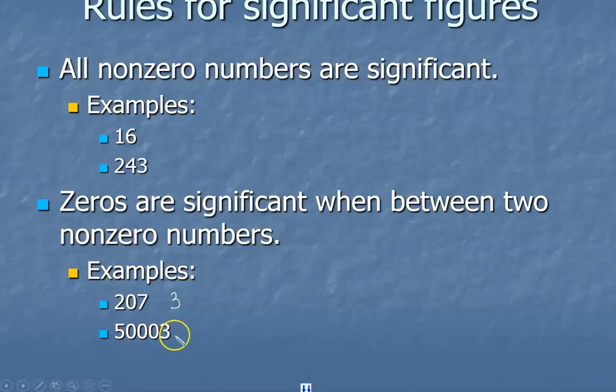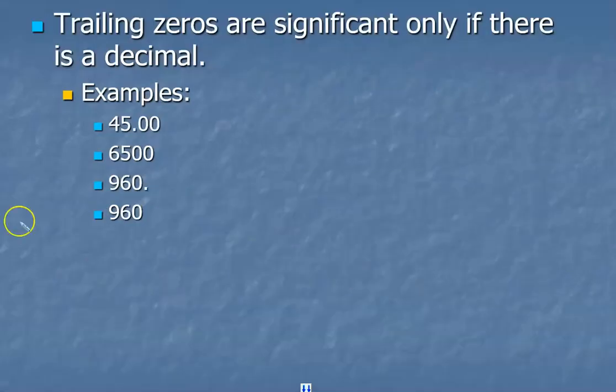These zeros here between the 5 and the 3, they're all going to count, so that's going to have 5 significant figures. Even if we had a number like 4.0009, it doesn't matter that the decimal's there, they're still going to count, and this would also have 5 significant figures. So zeros in between two other numbers are significant.